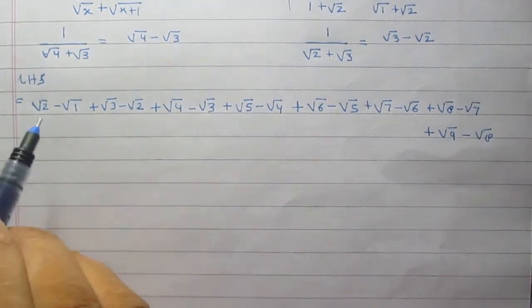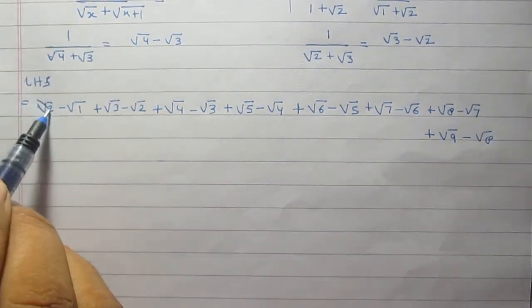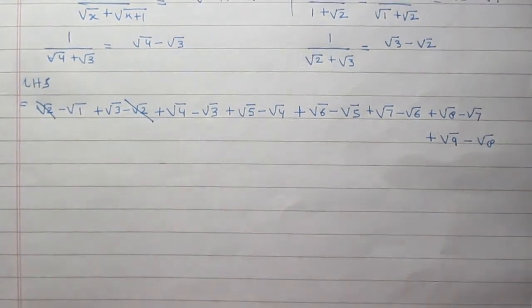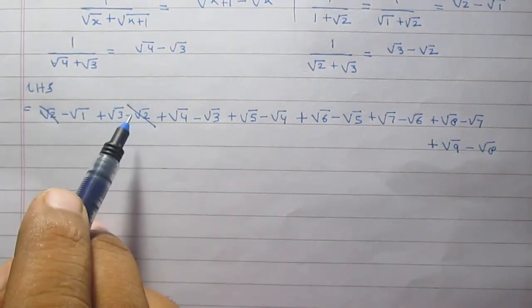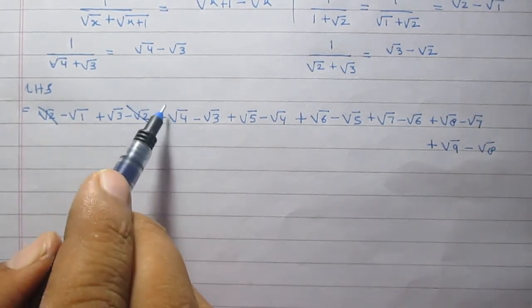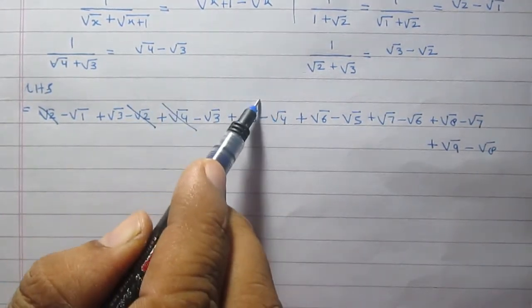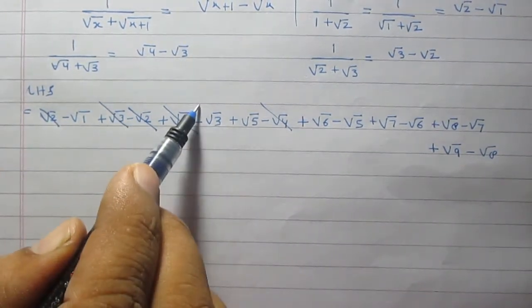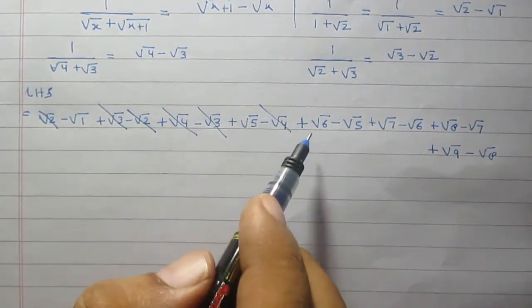We see that we can cancel square root of 2 and minus square root 2 because their sum is 0. Similarly, we can cancel square root 4 and minus square root of 4. Square root of 3 is cancelled by minus square root 3.